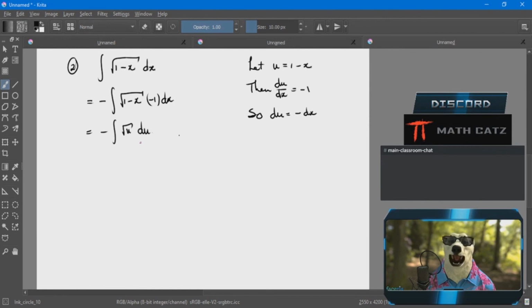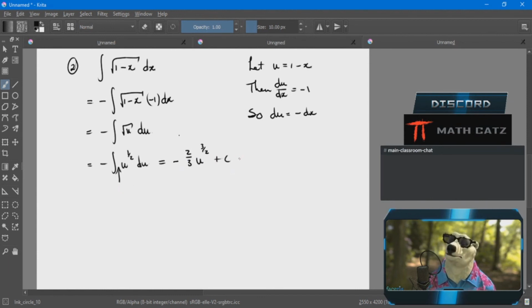Then I just look at this as if it's a brand new integral question. I perhaps want to see u to the 1/2 to make sure I don't make a mistake. I'm just going to do it in one line. That means I have my negative in front. Now antiderivative of u to the 1/2 is u to the 3/2 with a 2/3 correction because there's no 2/3 there.